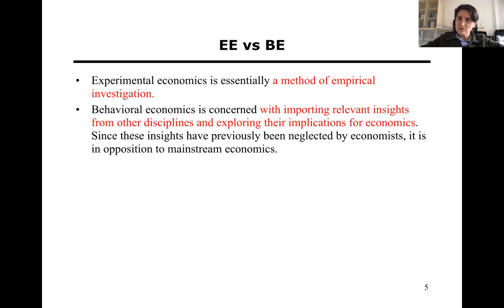Behavioral economics is concerned with importing relevant insights from other disciplines and exploring their implications for economics. Since these insights have previously been neglected by economists, it is in opposition to mainstream economics. You saw in 201 or 203 that we are making many assumptions about people. We assume that they calculate everything very well.